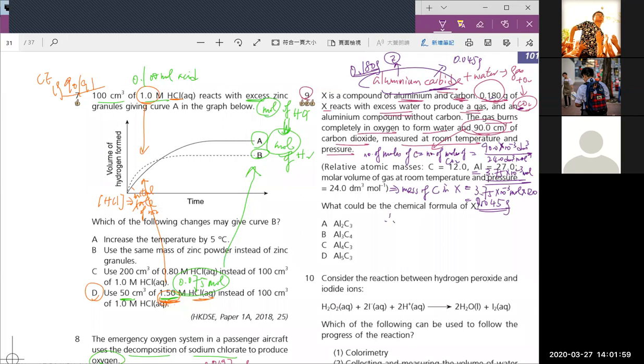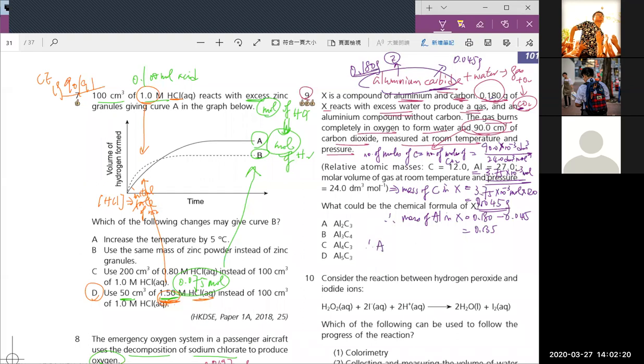Can you get a point? So the mass of aluminium in X is 0.180 minus 0.045, so it is 0.135.